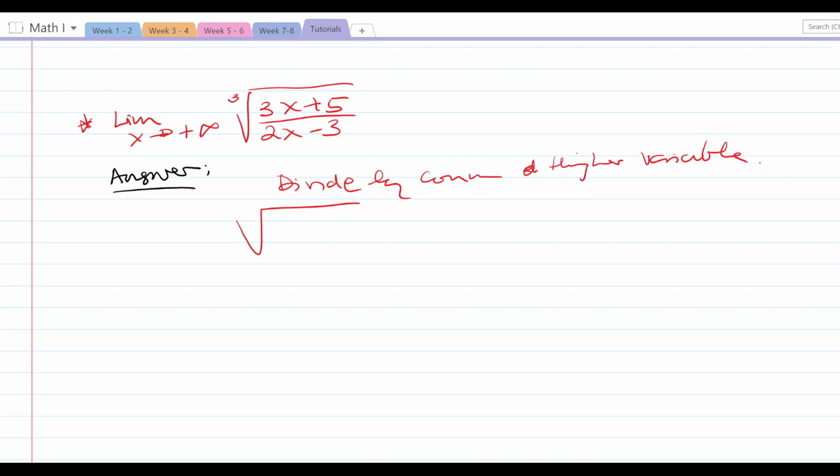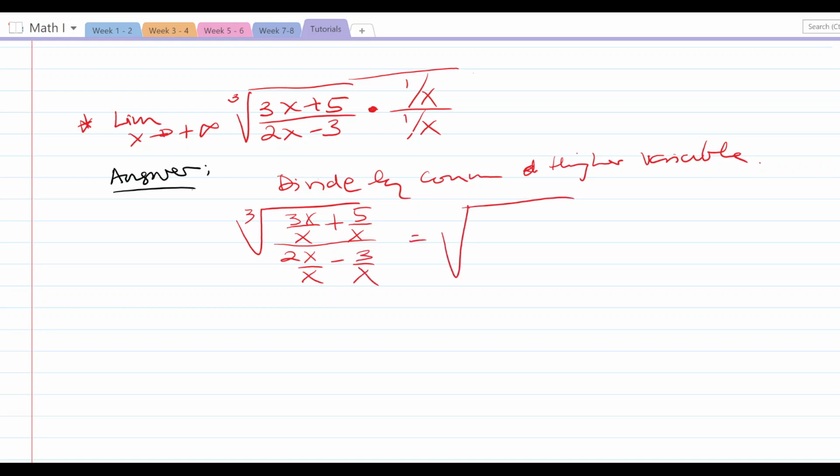So we can change this problem into 3x divided by, so in this case you're going to multiply with 1 over x, the elements inside the roots are multiplied by 1 over x, sorry, not 1 over 3 but 1 over x, and therefore 3x over x will have 5 over x, all over 2x over x minus 3 over x.